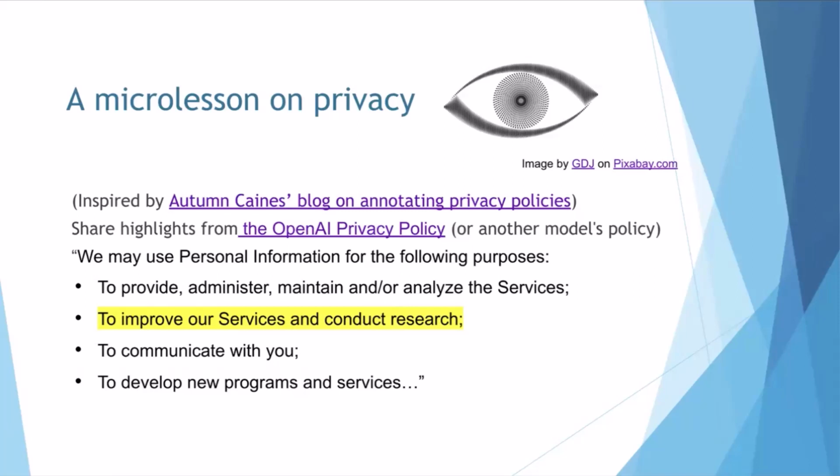Before we use it in class or before we talk about a ChatGPT transcript, let's look at the link for the OpenAI privacy policy. How can they use our data? When we type something into it, how are they going to use that? This is inspired by a wonderful blog post by Autumn Keynes that's a more extensive assignment on annotating these privacy policies.